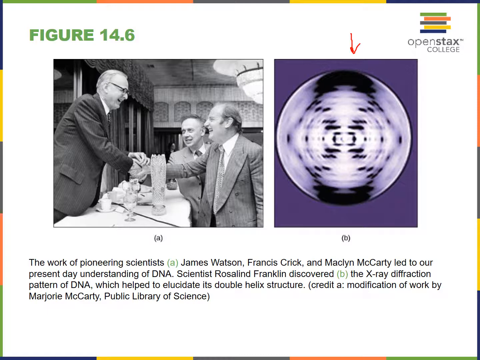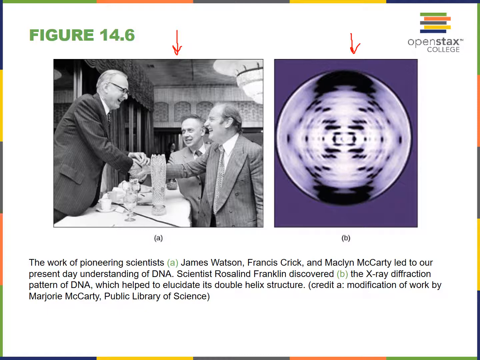And Watson and Crick, right here, took Rosalind Franklin's data along with Chargaff's rule, and figured out the actual current model of DNA structure. And I'll show you that on the next figure.